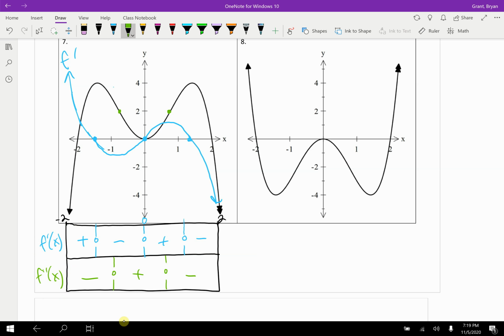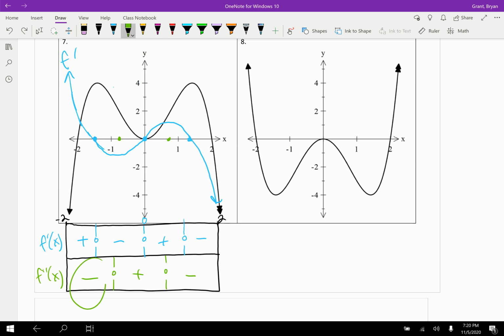So if f double prime has an x-intercept right here and right here, notice that they both correlate to the inflection point and the critical point from f prime, because at its core, f double prime is just the derivative of the blue graph, and the derivative of the black graph gave us x-intercepts at the critical points. So the derivative of the blue graph will give us x-intercepts at the critical points. And same thing over here. You'll notice there's a critical point directly below it. There is an x-intercept. Nice.